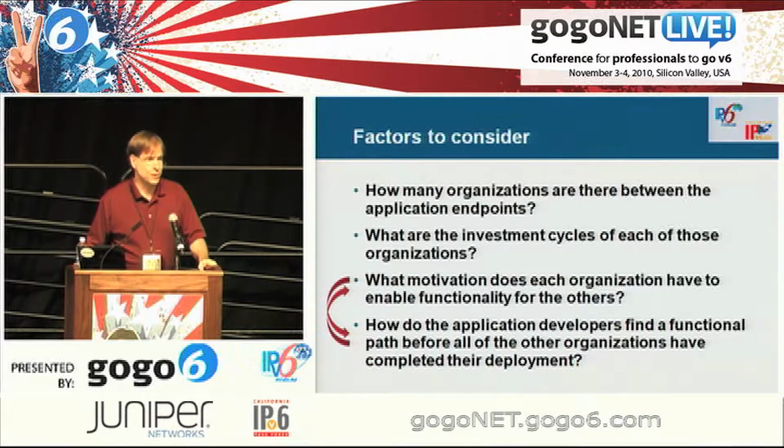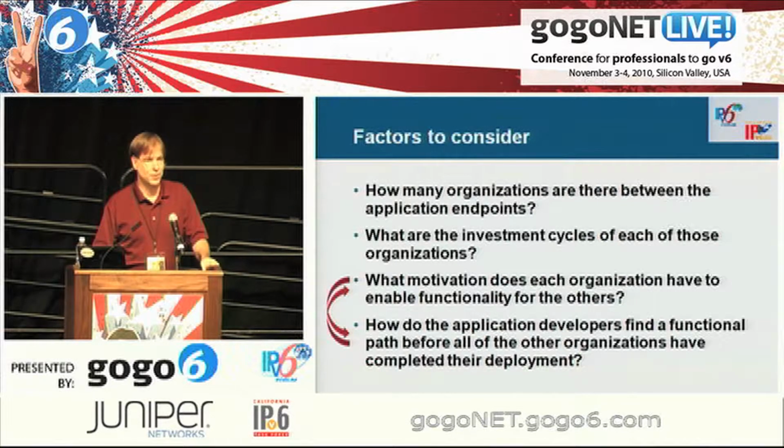A lot of questions come up. How many organizations are there between the application endpoints? If you're an enterprise, how many organizations are between the application endpoints? Anybody believe it's just one? If you're an enterprise and you believe there's only one organization, you probably don't really understand your enterprise. Because the network guys and the in-system management guys generally don't talk to each other.